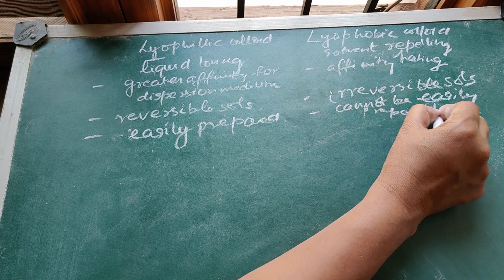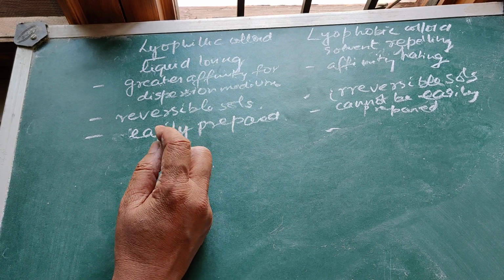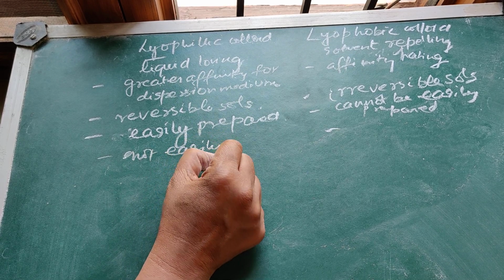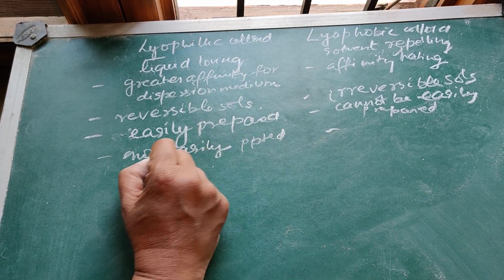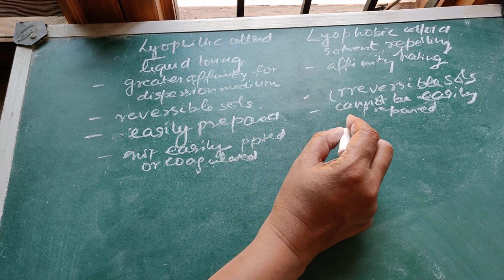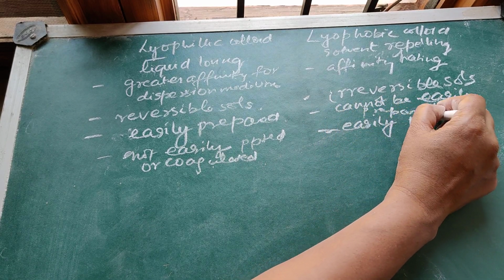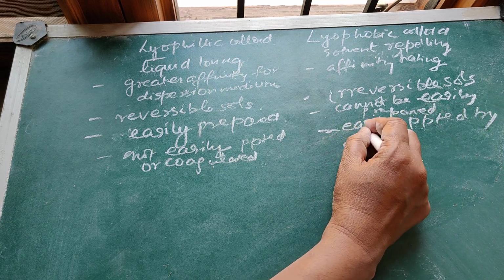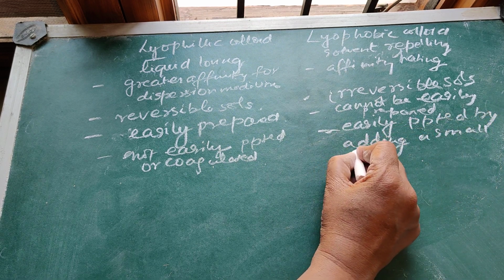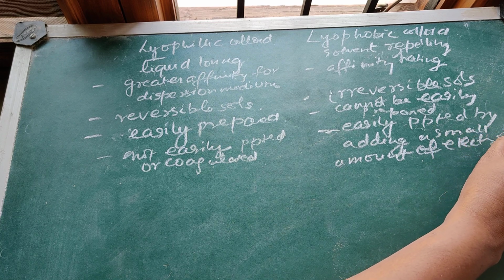Some special methods are required to prepare them. Lyophilic colloids are not easily precipitated, or you can say coagulated. Lyophobic colloids are easily precipitated by simply adding a small amount of electrolyte. Okay, understood?